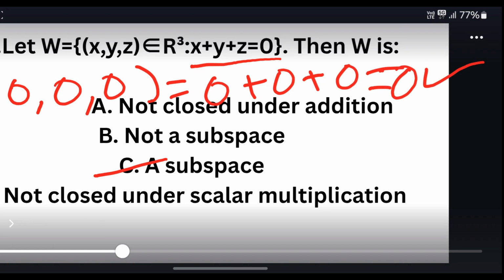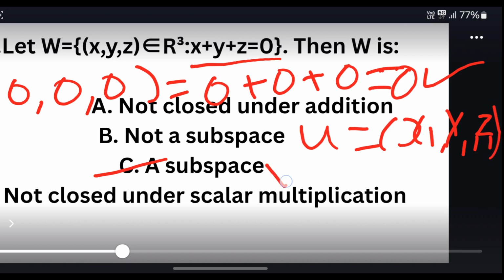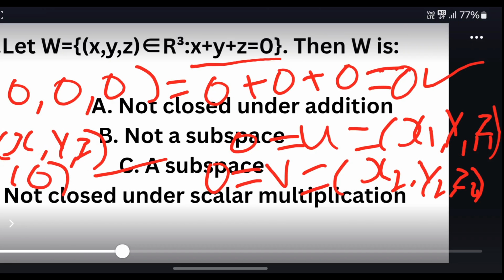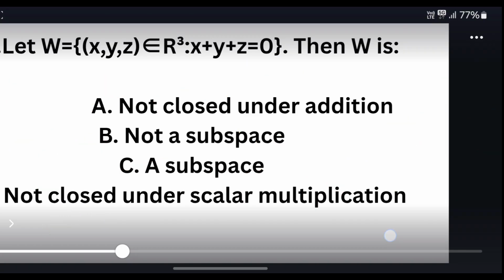Suppose you consider u as (x1, y1, z1) and v as (x2, y2, z2), both with sum equal to 0. Then 0 plus 0 equals 0, and for scalar multiplication, c into (x, y, z) is nothing but c into 0, which means 0. This satisfies the three conditions also. That's why option C is the correct one. This set is a subspace. Okay, understood students?